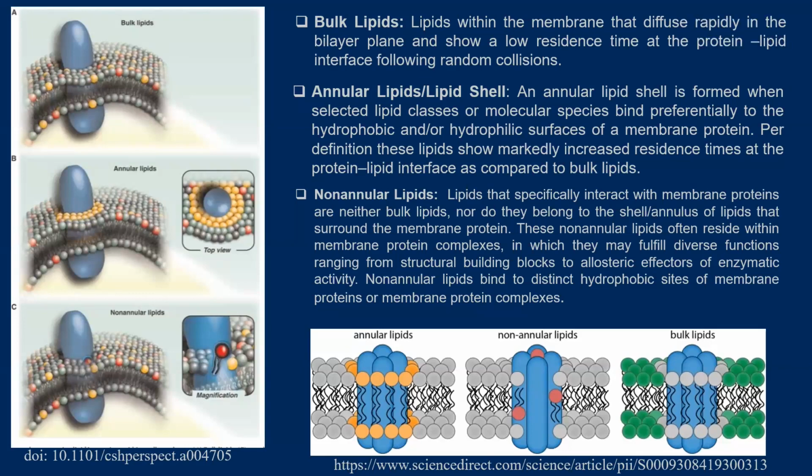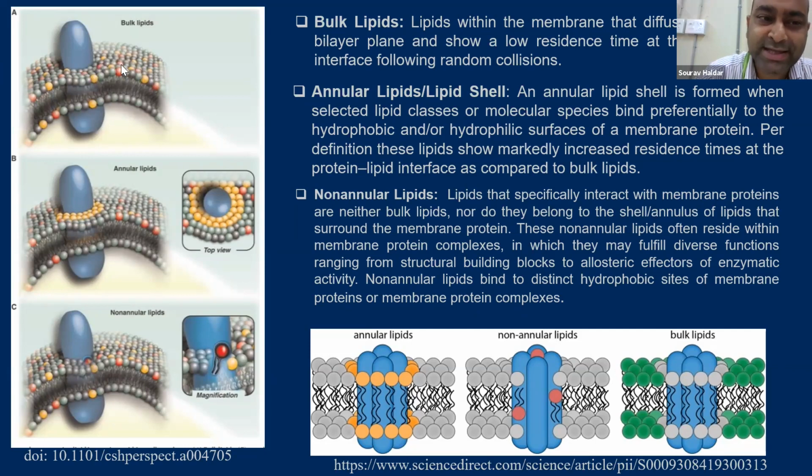Again, it can be very well studied by ESR and NMR, because when the lipid molecule is bound to the protein molecule, its dynamics will be retarded or slowed down. That can be captured by ESR or NMR spectroscopy. On the other hand, when the molecule is free from the protein surface, its dynamic features will be much faster, which will again be very conveniently detected by NMR and ESR.